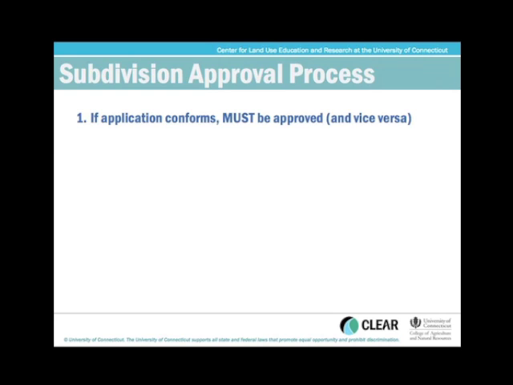If it doesn't, you should not approve it. So this is, again, a little bit black and white. There's a lot of gray areas in there, but the basic idea is that when you're reviewing these applications, you have to judge, does it meet our regulations or does it not? And go through each part of the application in that way.